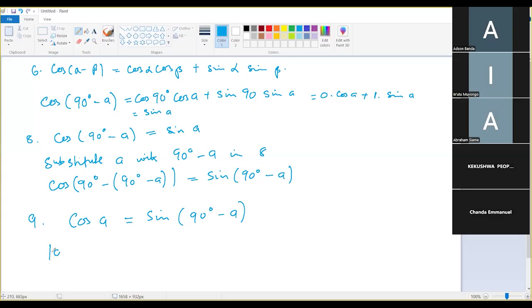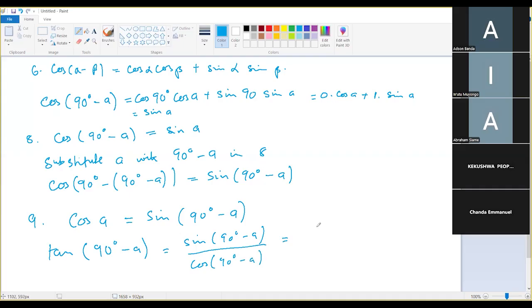So when we have the cosine and the sine, what we are interested in now is the tangent of 90 degrees minus A. So we have the sine of 90 degrees minus A. We also have the cosine of 90 degrees minus A. So this gives us a sine of 90 degrees minus A divided by the cosine of 90 degrees minus A.